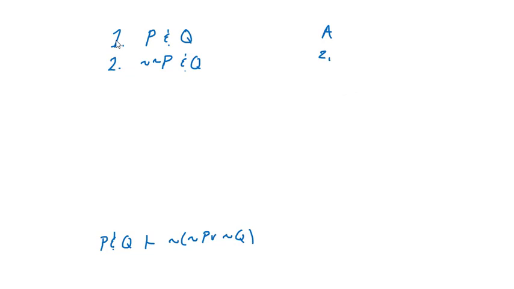And now I'm just going to say double negation, and that means I've got not not P and not not Q by 1 and double negation, right?